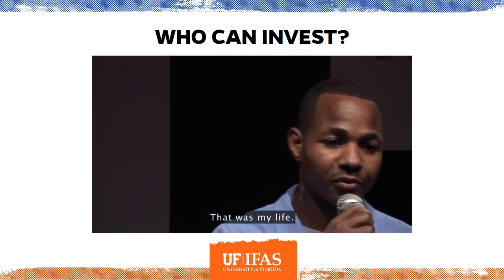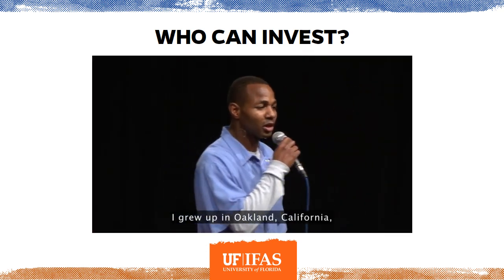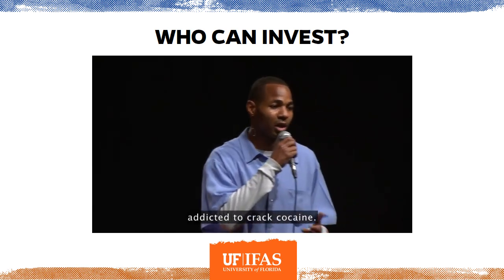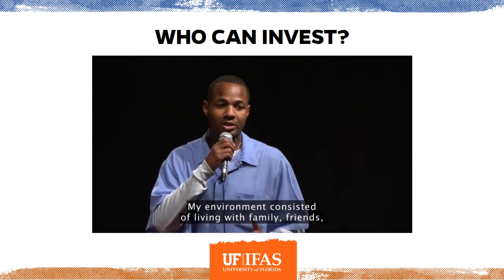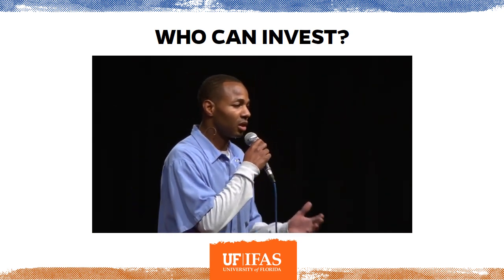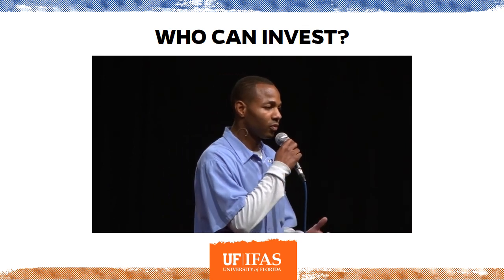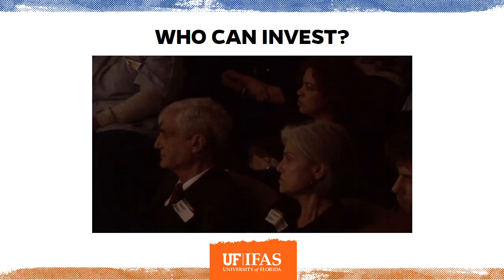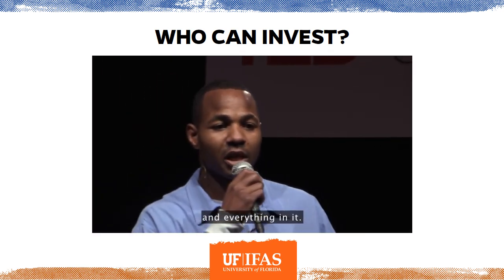That was my life. I grew up in Oakland, California, with my mother and members of my immediate family addicted to crack cocaine. My environment consisted of living with family, friends, and homeless shelters. Oftentimes, dinner was served in bread lines and soup kitchens. The big homie told me this: money rules the world and everything in it.